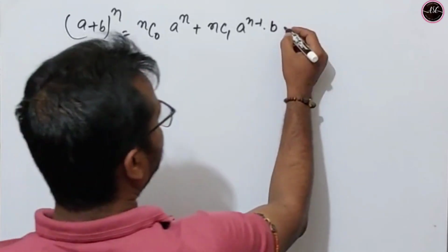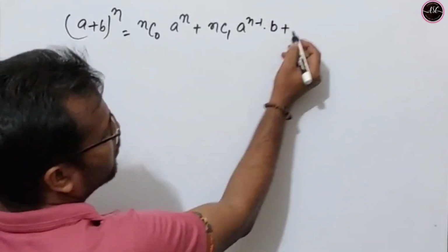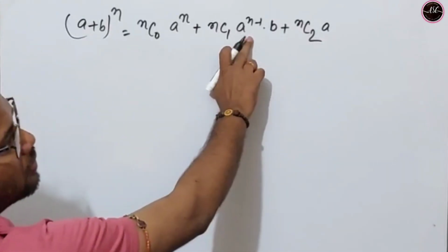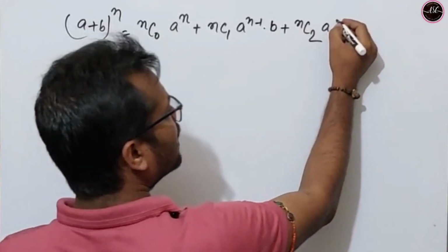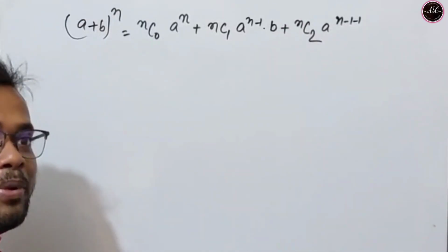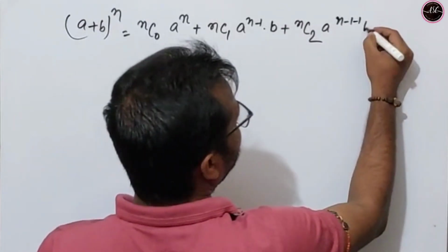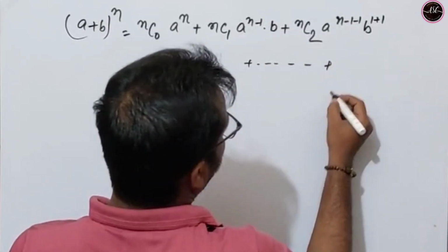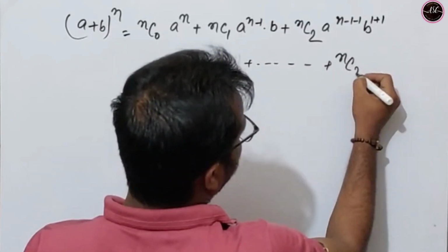Similarly then this NC1 will be NC2. Then the power of the first term will be decreased by 1, that means n minus 1 minus 1, and the power of b will be increased by 1. In this way up to NCN term.